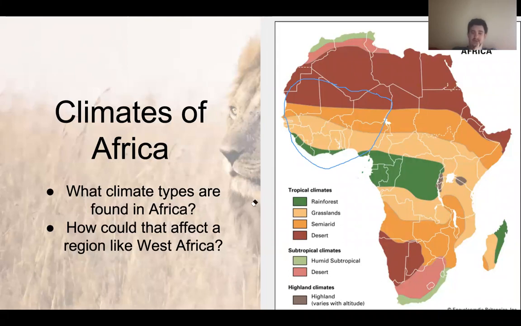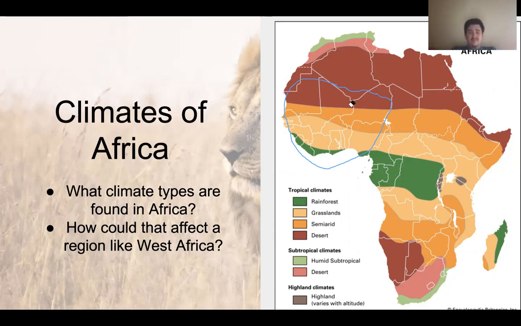So if you notice, looking at the map here, that you will find four different main climate zones, I should say, in West Africa. You have the rainforest down here, semi-arid and grasslands, which you might sometimes see called the Sahel region, if you remember from the video yesterday. And then up in the northern part of West Africa, you get desert.